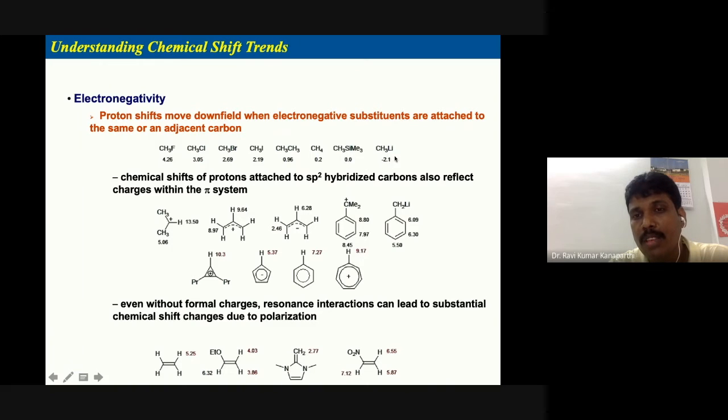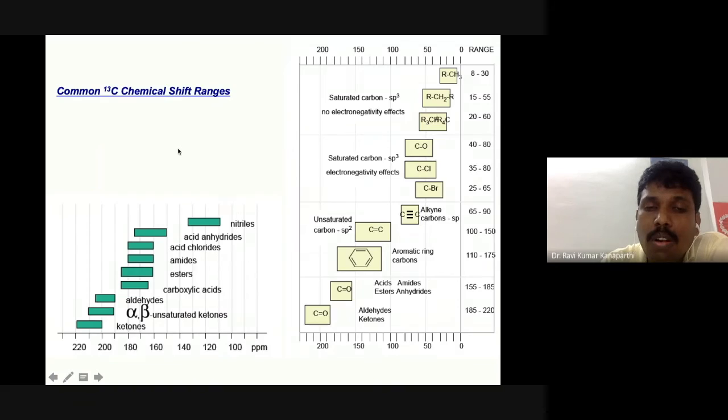Then what about methyl lithium? Methyl lithium is minus 2.1. An organometallic compound, methyl lithium. All those, if you record them, will be seen at negative chemical shift values. So what is happening from methyl fluoride to methyl lithium is that the electronegativity is changing.